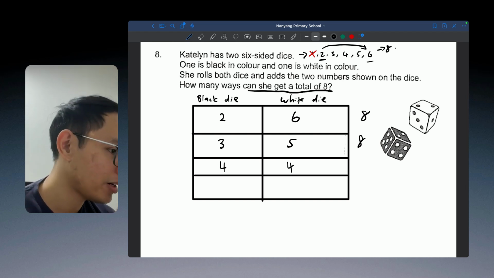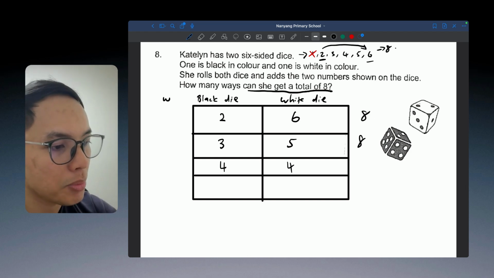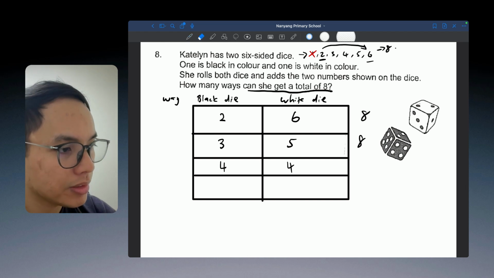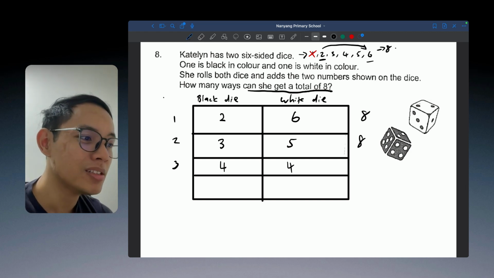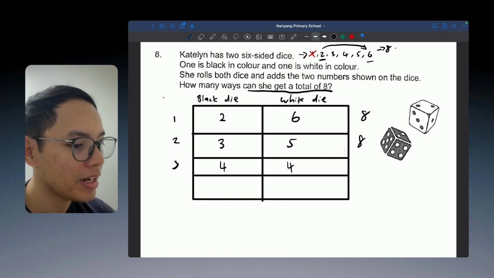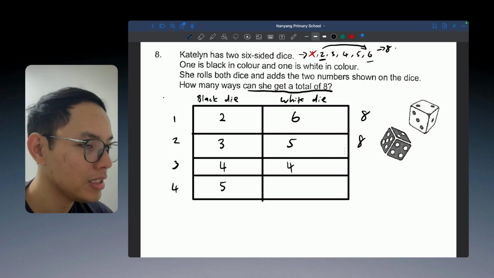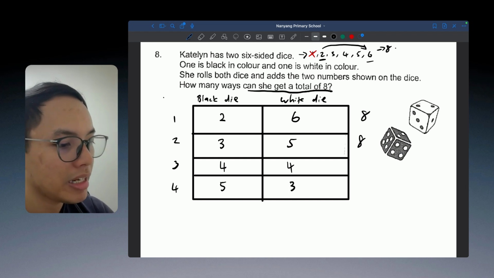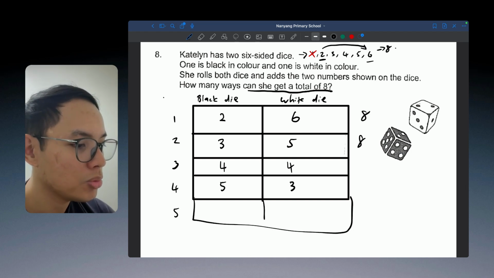So these are the ways we can put. So this is 1, 2, and 3, so 3 ways. Do we have more ways? They are just combinations. And 4 and 4, that means we can have the fourth one, which is, if the black die is number 5, then this should be number 3. And then number 5 over here, 1, 2, 3, 4, 5.